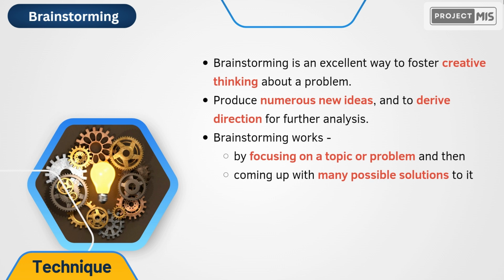And then after setting the context, we come up with many possible solutions. And how will the possible solutions come? Because after setting the expectation, the group is thinking on different lines, and after thinking on different lines, they will be giving the ideas.